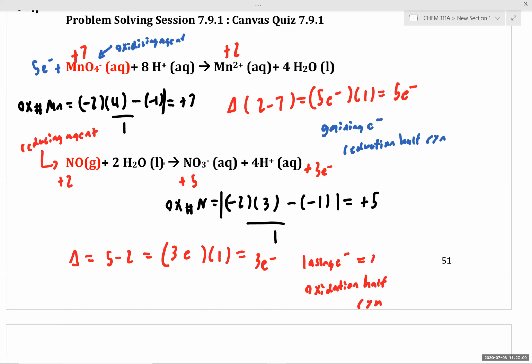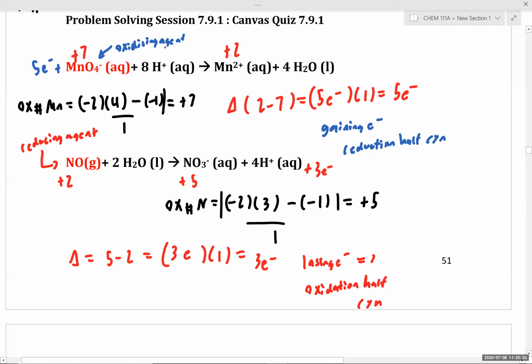Another way of looking at it is that if your difference of final minus initial is positive, that implies you've lost electrons. If the difference is negative, that implies you've gained electrons. Okay, thank you.